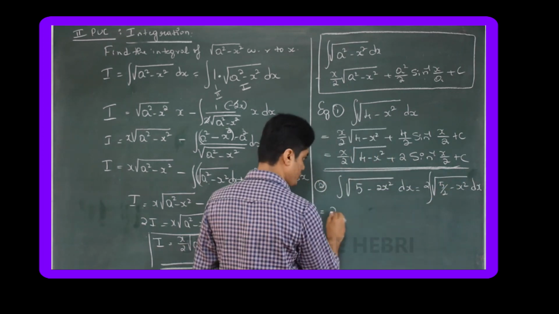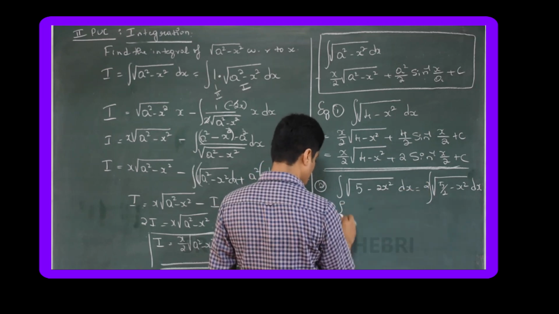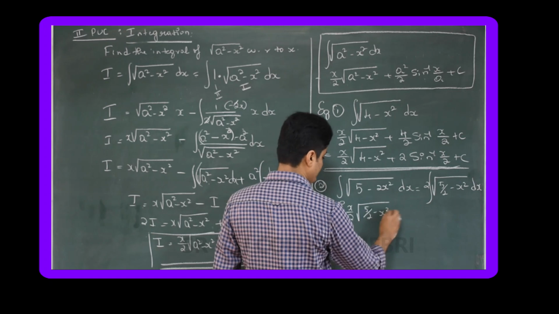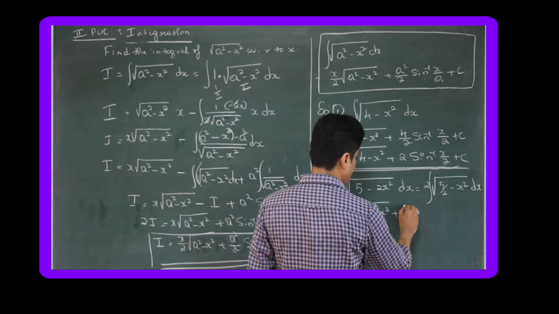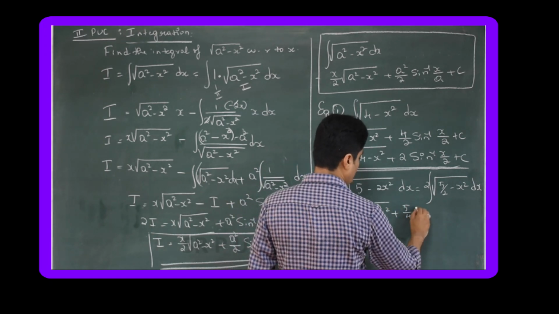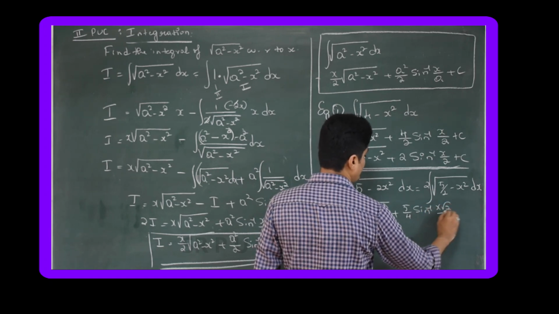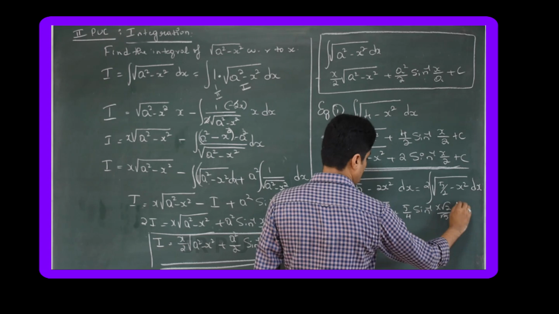So it is nothing but root 2 into, now use the formula, x by 2 into root of 5 by 2 minus x square plus 5 by 4 into sine inverse of x root 2 by root 5 plus c.